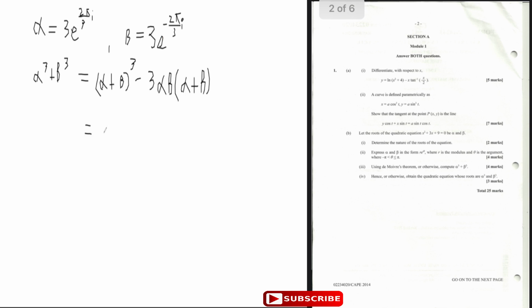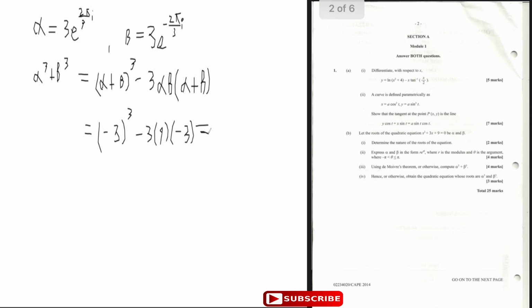So alpha plus beta is minus 3, cube, minus 3 alpha beta, which is 9, times alpha plus beta, which is minus 3. We work that out and that will give us alpha cube plus beta cube. We don't need to do anything complicated.